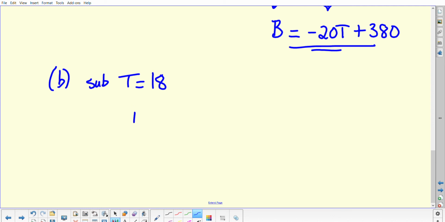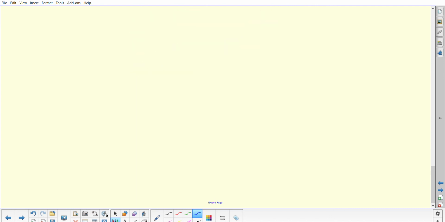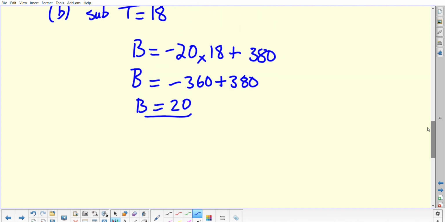So we're going to have B equals negative 20 times 18 plus the 380. So negative 20 times 18 is actually negative 360, plus 380, which means that we're going to have B equals 20.